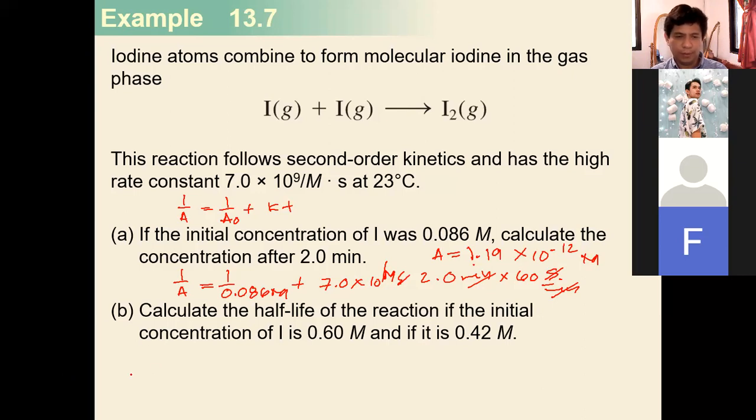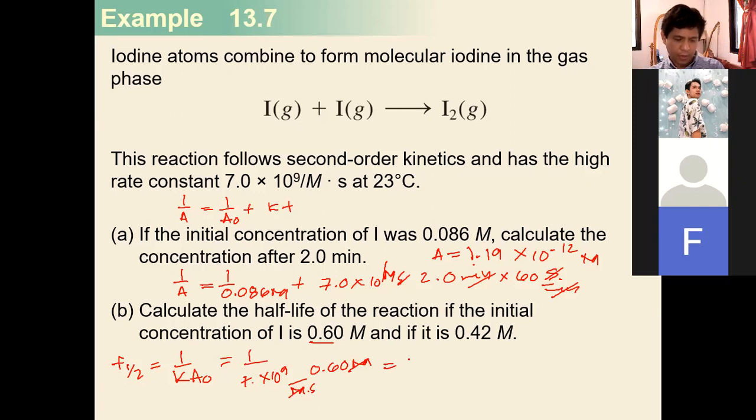So, ang formula natin ng half-life is 1 over K times initial concentration of A. Dito muna tayo sa 0.60. 1 over 7 times 10 to the 9 per molar per second, tapos times 0.60 molar. Kakancel to. Ang lalabas na unit ay seconds, kasi half-life. So, how many seconds ang half-life niya pag 0.60?